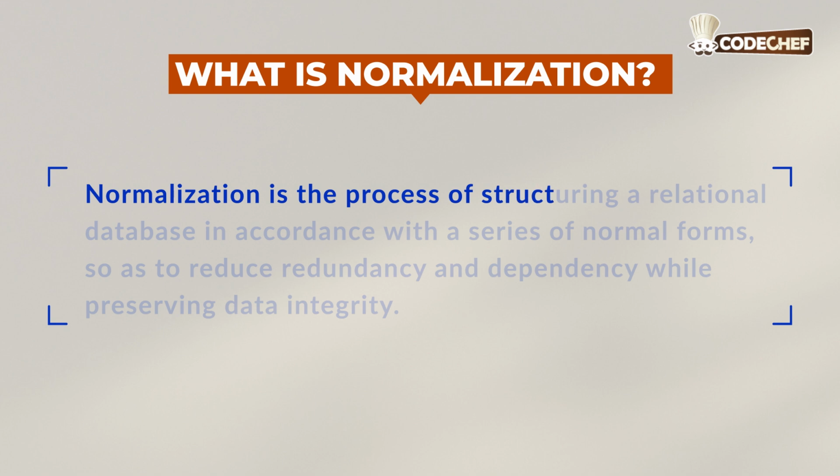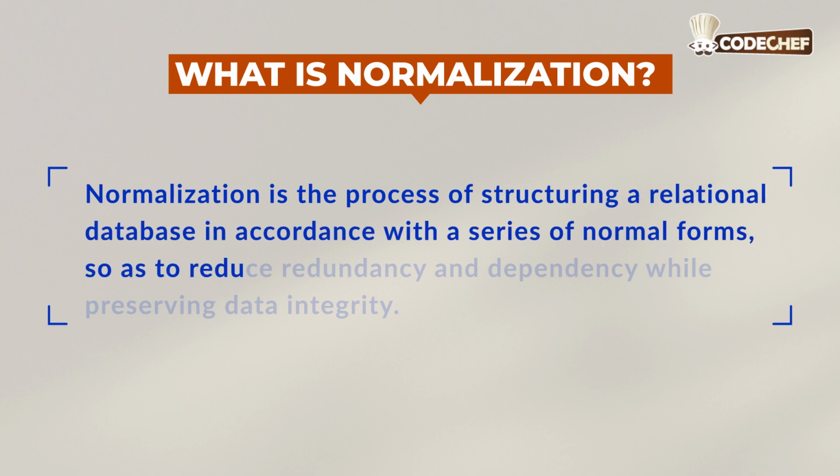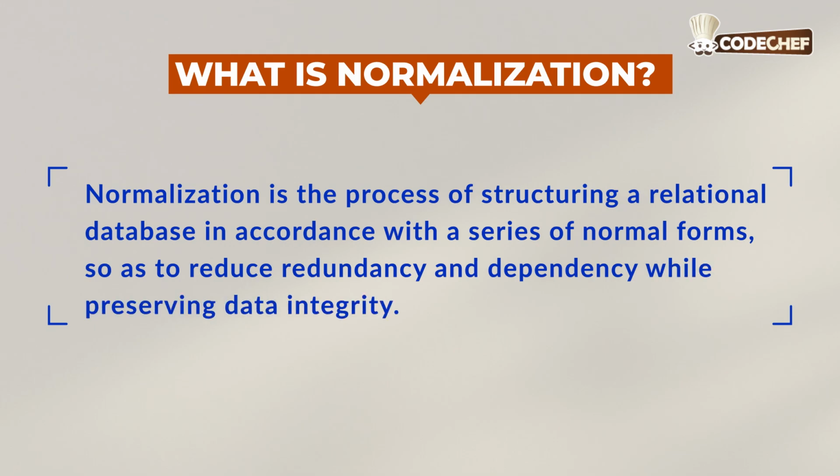Normalization is the process of structuring a relational database in accordance with a series of normal forms so as to reduce redundancy and dependency while preserving data integrity. When we have multiple tables in a database, we need to set relationships between those tables, and that is how a database system is formed.